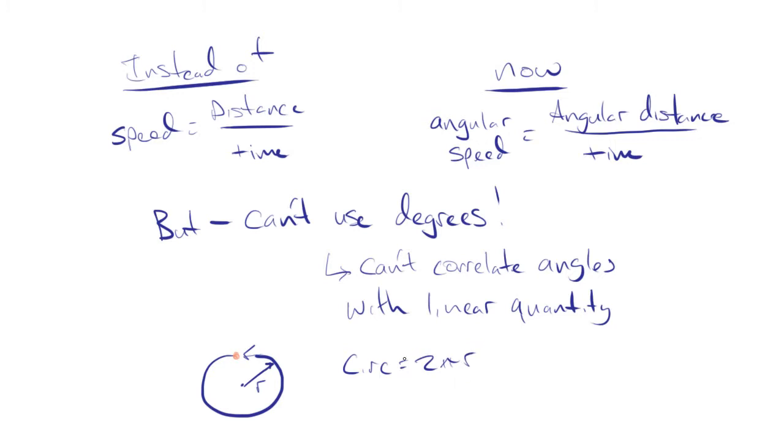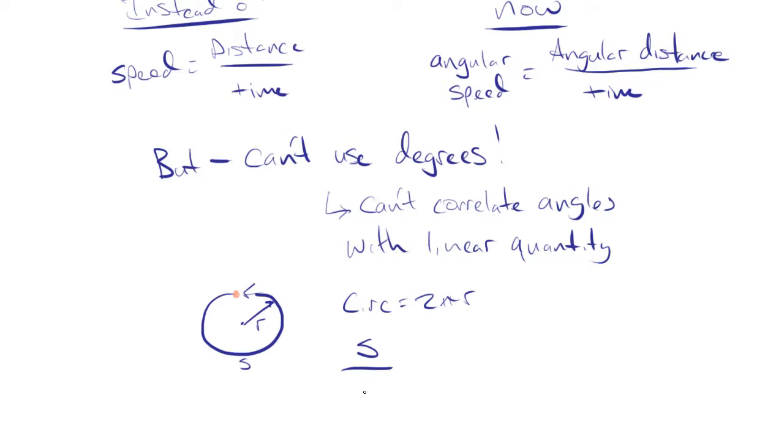Okay, so what I've done here, though, is I've related the circumference, which is a distance, which is something that we call an arc length, s, to the radius of my circle. All right, so if I take the arc length and I divide that by the radius, I get 2 pi in this case, in this example.